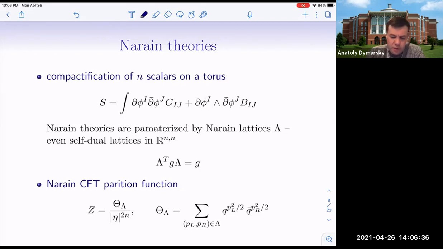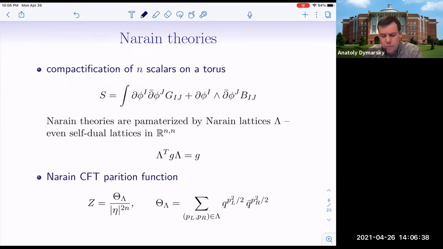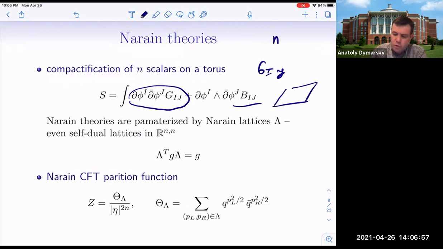So Narain CFTs are basically compactification of n free fields on a torus, and then also you can have a B field. First of all, you have n free fields living on a torus. Gij is a constant matrix which specifies geometry of the torus, and then also you have the B field.